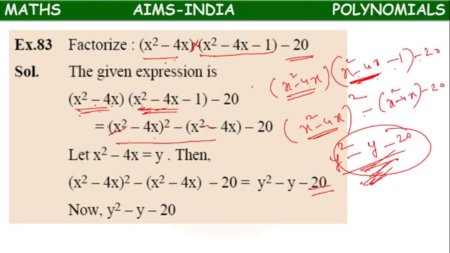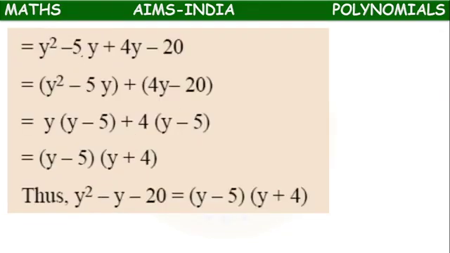Minus 20 means minus 5 and 4 we can write. So we need product minus 20, and sum is minus 1, because before y there is nothing, so we take it as 1. So minus 5 plus 4: first two to one group, next two to one group.